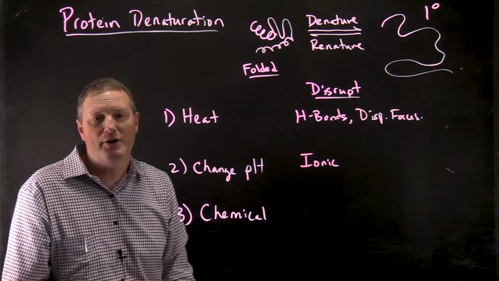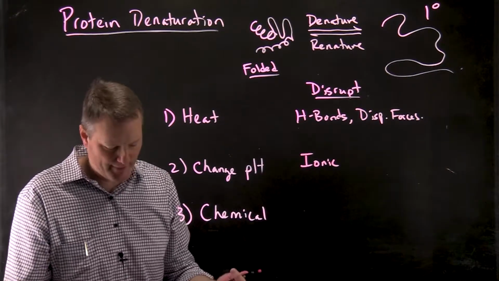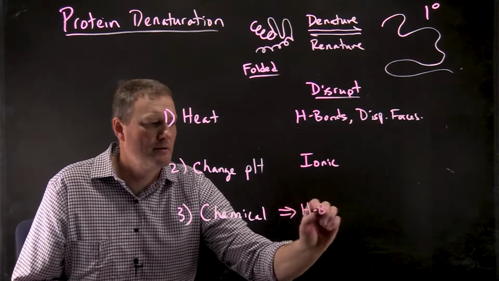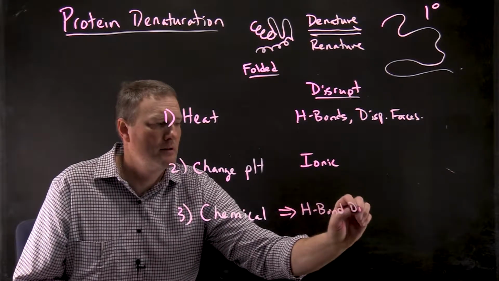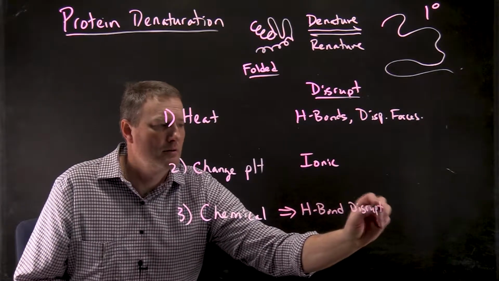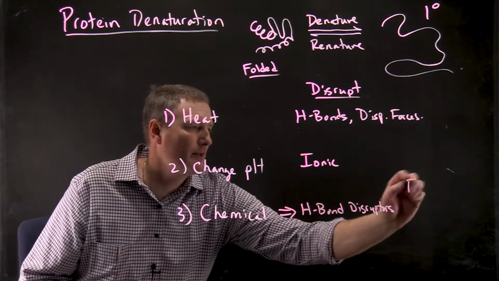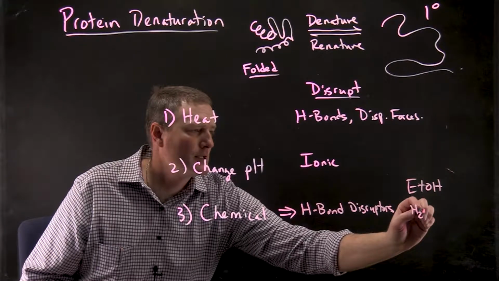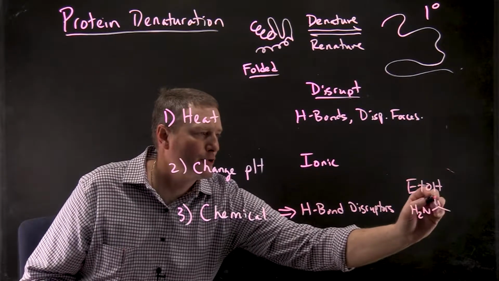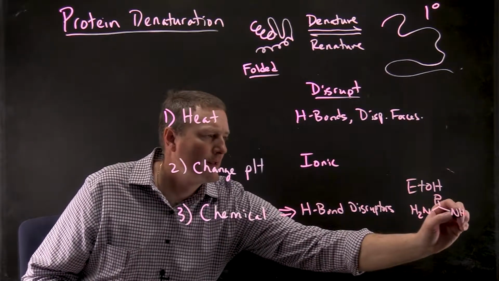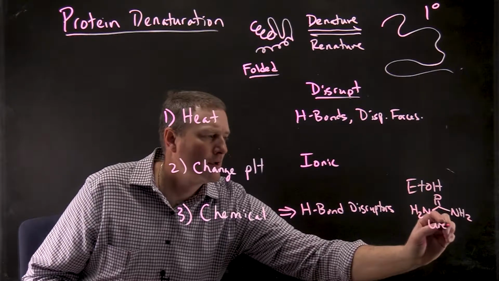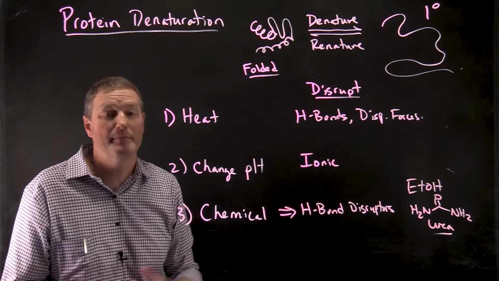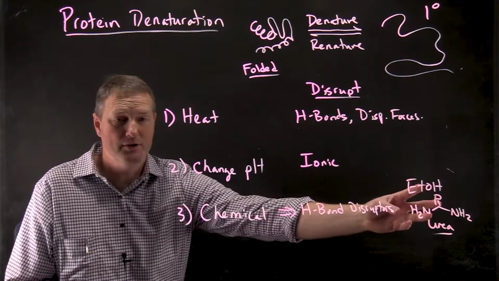Chemical denaturants can also be used, and these come in sort of two different flavors. You have the hydrogen bond disruptors. Okay, things like ethanol. Okay, another one that's often used is the molecule urea. These are compounds that have the ability to form hydrogen bonds themselves.